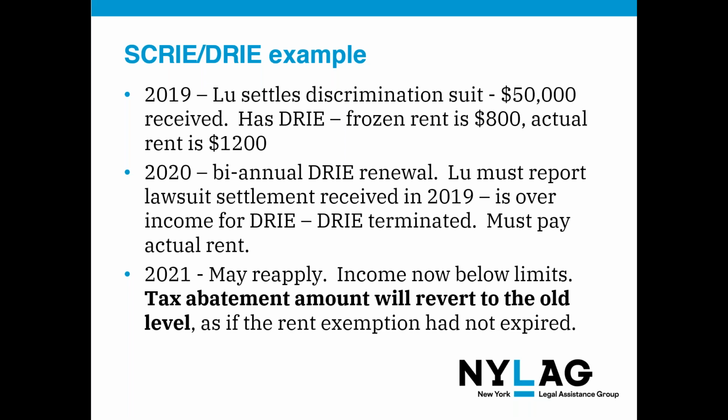It puts her over the income limit, and DREE is terminated, and now she must pay the $1,200 in rent. But the next year, January 1st of 2021, she reapplies. In 2020, her income was below the limits, under 50,000. So now the tax abatement will be reinstated and her rent will go back to $800.